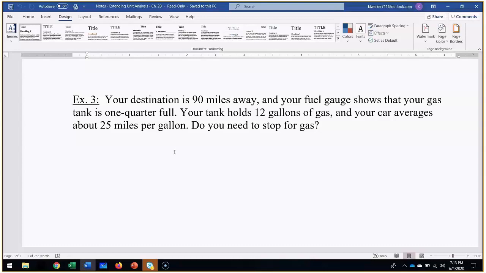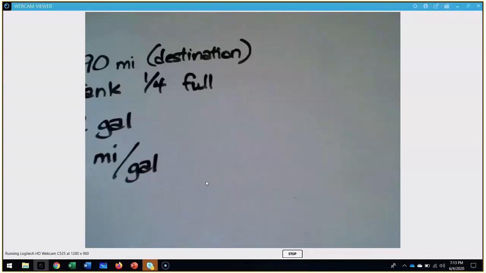Yeah. Just pay it. Let's see. The tank holds 12 gallons, and the car averages 25 miles per gallon. All right, let's break it down.